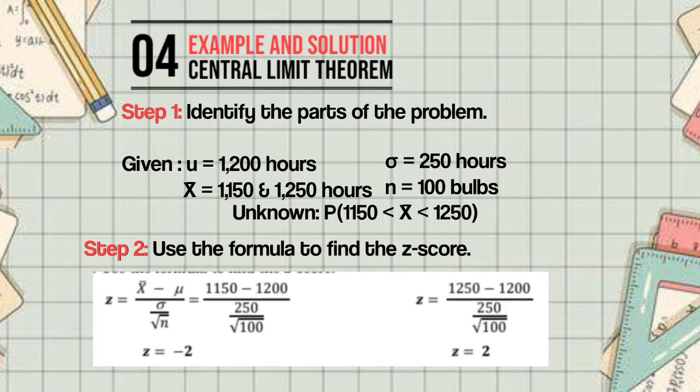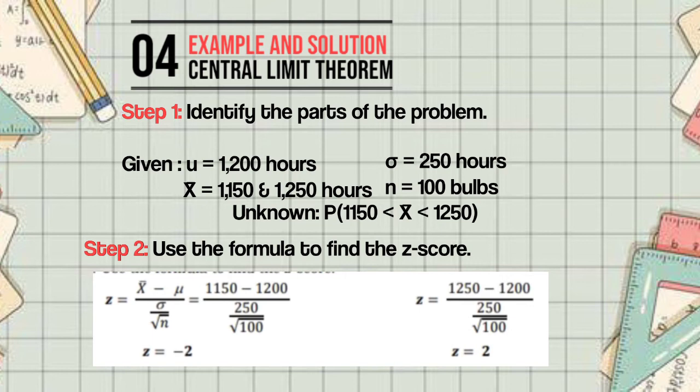On step 2, use the formula to find the z-score. On the first one, we use the first sample mean, which is 1,150. So, we use the formula given in part 3 of this video. 1,150 minus 1,200 over 250 over the square root of 100 is equal to negative 2.